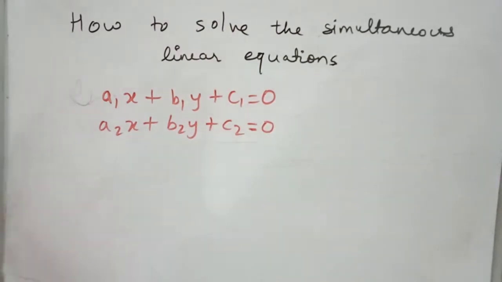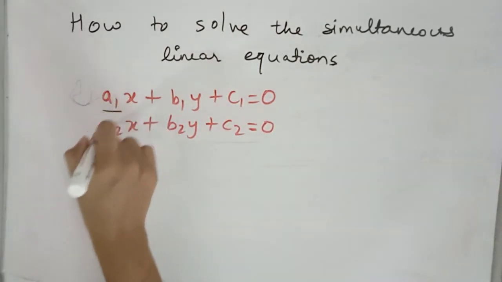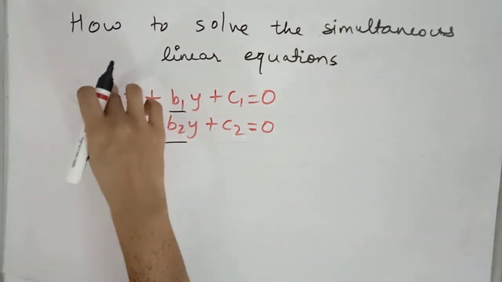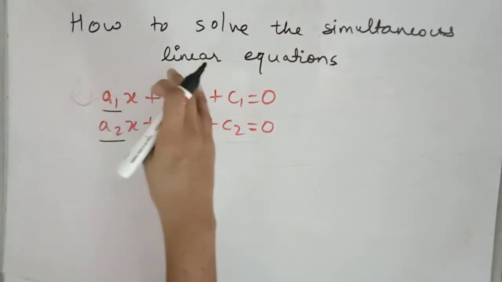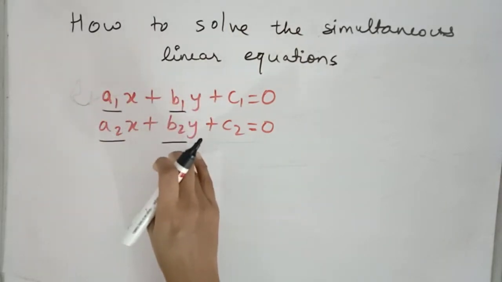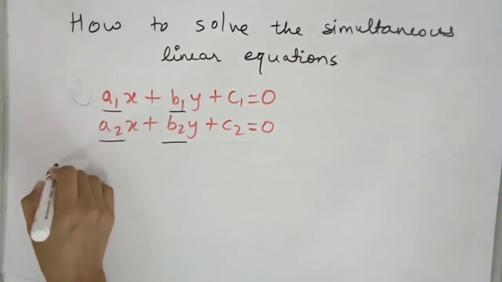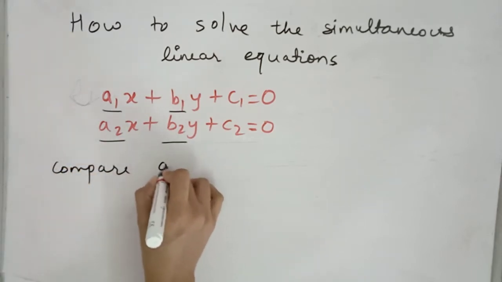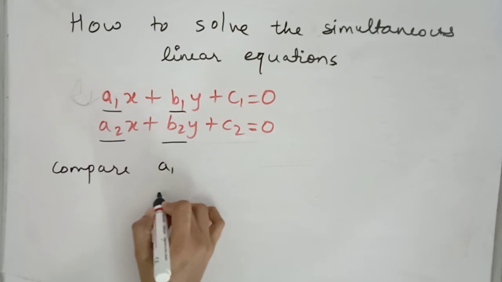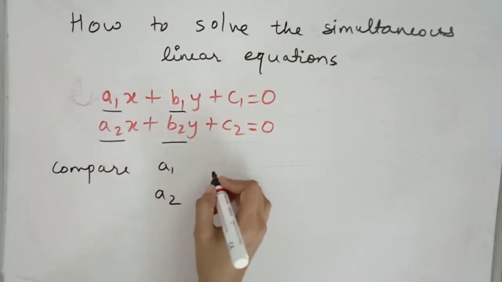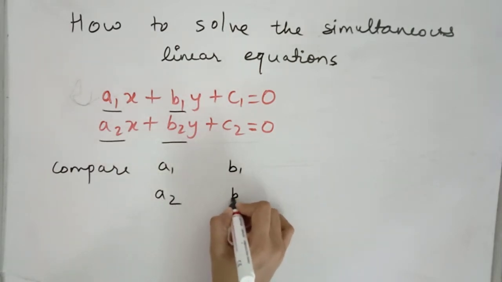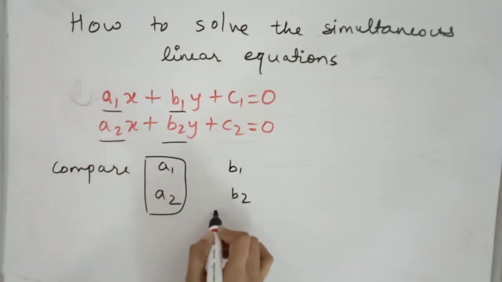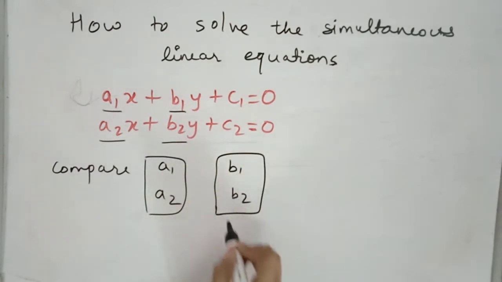Now consider a1, a2, b1, b2. You have to see the constants a1, a2, b1 and b2. Compare a1, a2 and b1, b2. You have to compare a1 with a2 or b1 with b2.